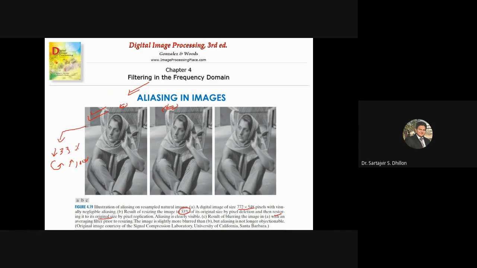What are those aliasing effects? You can check through this texture. If we have compressed an image and then recovered it to its original size, then there is different information. So there is an aliasing effect in images.